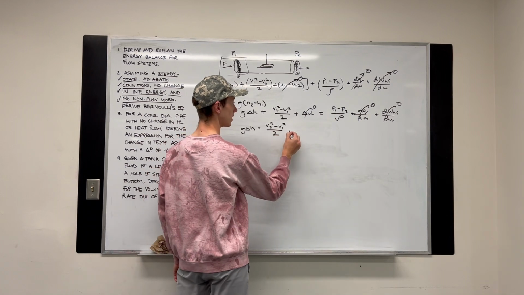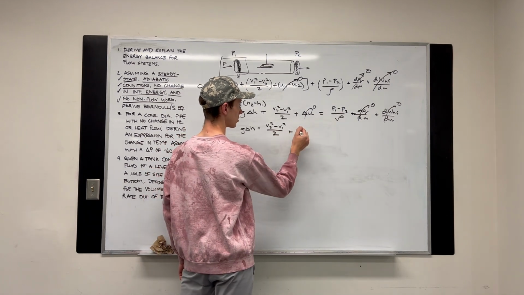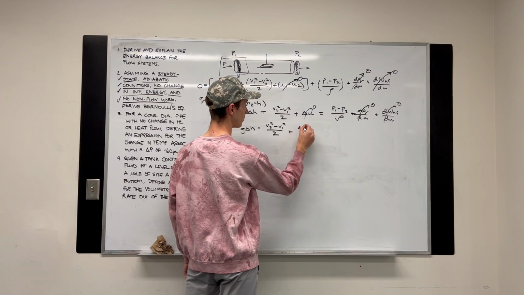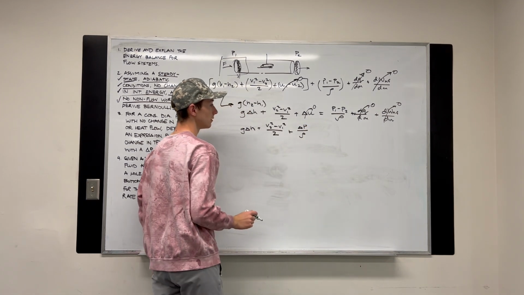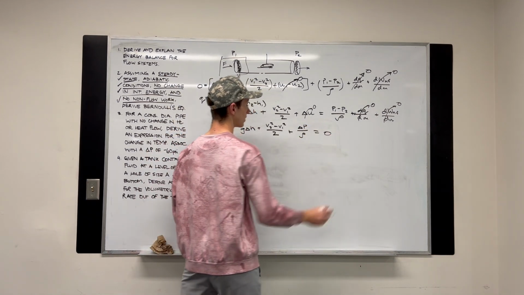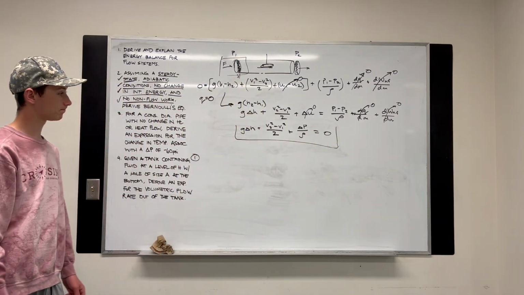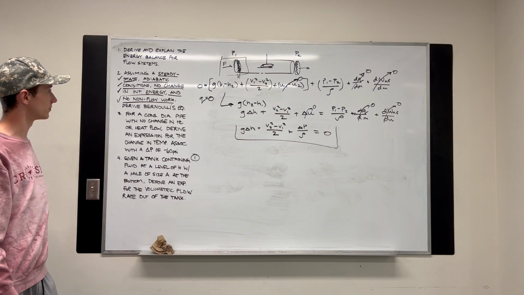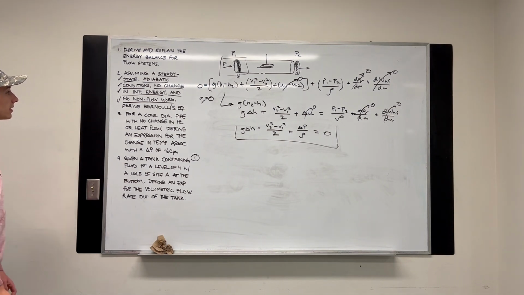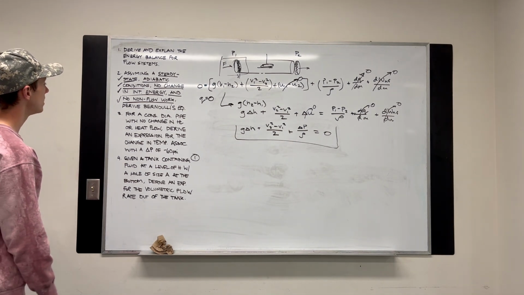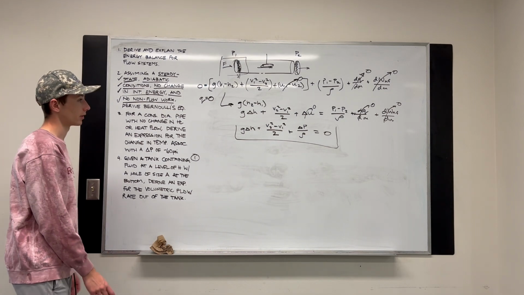Putting this on the other side, we get plus, but I'm going to switch these, so we get delta P over rho equals 0. And that is Bernoulli's equation in this form: steady state, adiabatic conditions, no change in internal energy, and no non-flow work.